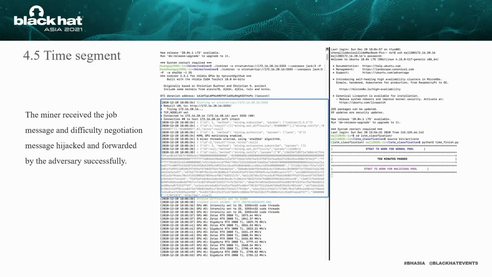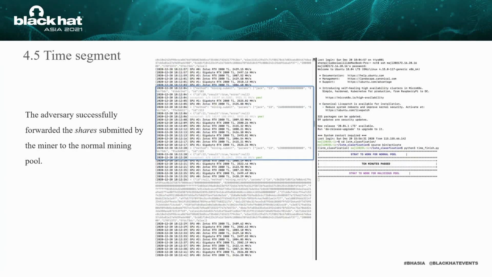We can see the miner receives the job and the difficulty forwarded by the adversary successfully. And then we can see the adversary successfully forwarded the shares submitted by the miners to the normal mining pool.